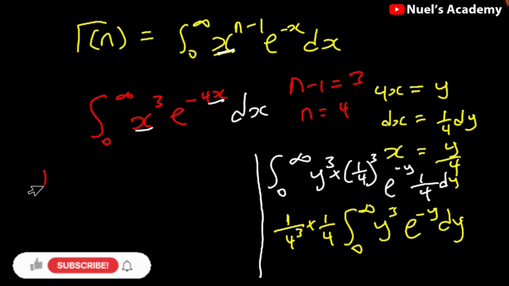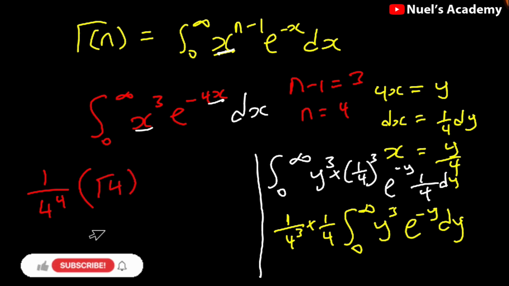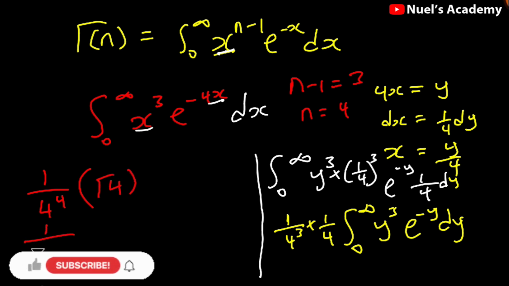Now we have 1 over 4 raised to the power 3 plus 1, which is 4 raised to the power 4. Then multiplied by our n, which is equal to 4, so it's going to be multiplied by gamma 4. Okay, so we have 1 divided by 4 raised to the power 4 multiplied by gamma 4, which is equal to 3 factorial, and 3 factorial is equal to 6.